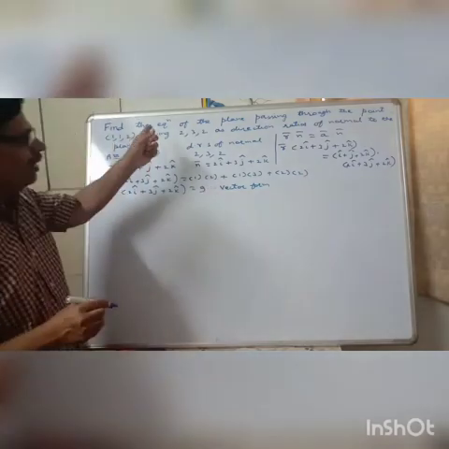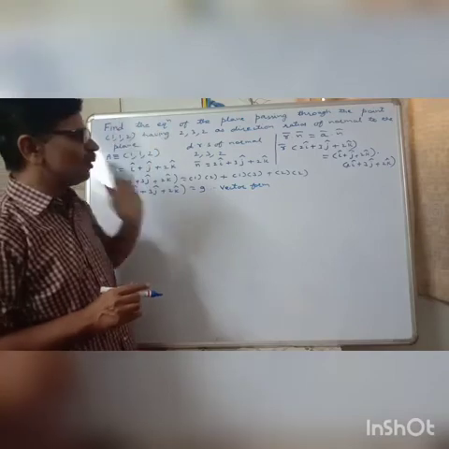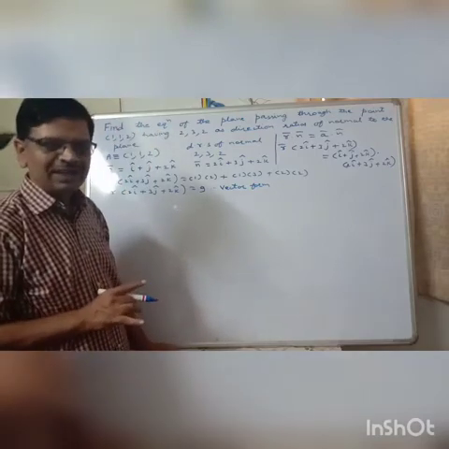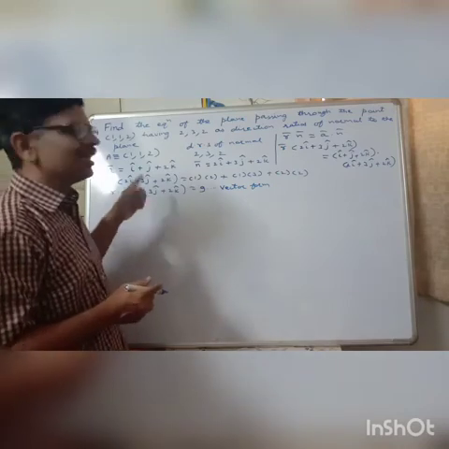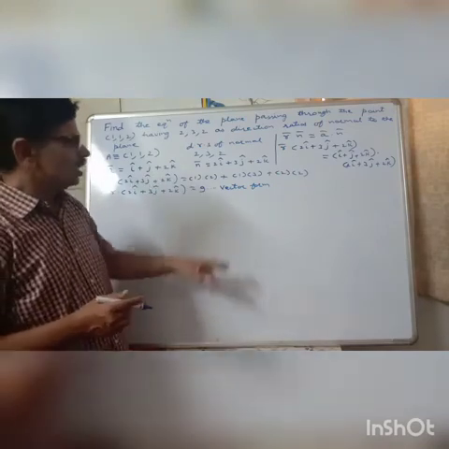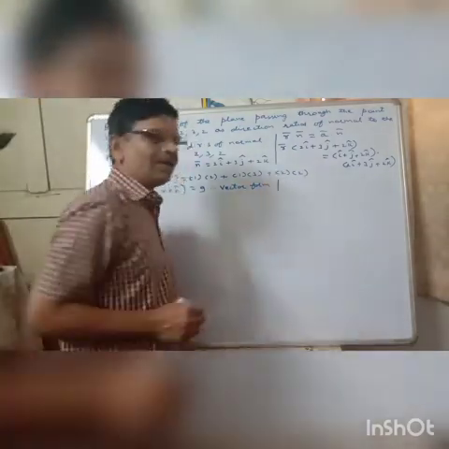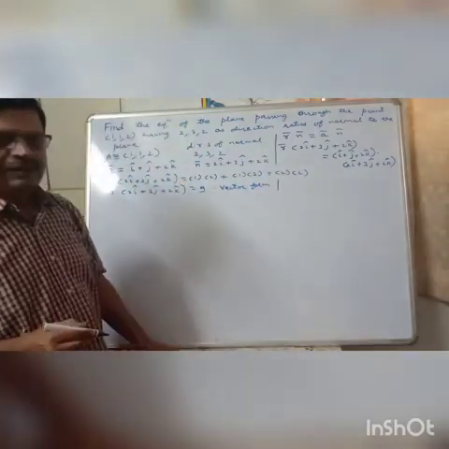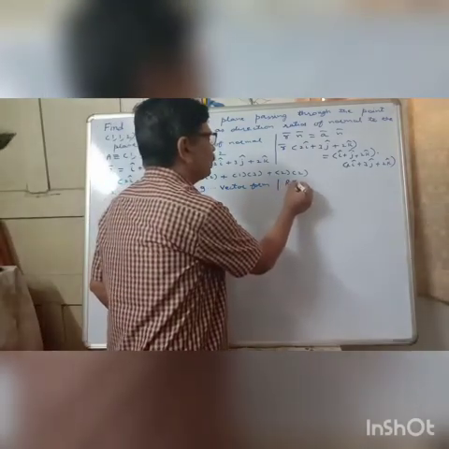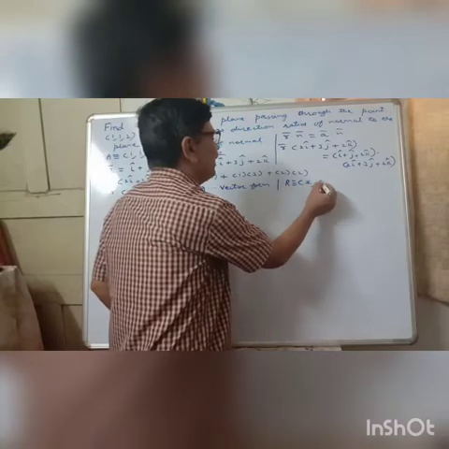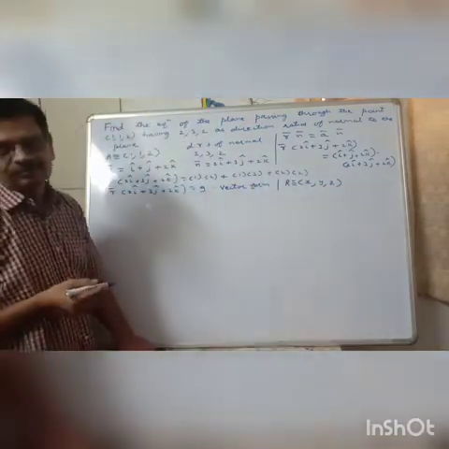In this example, nothing is mentioned. Only asked to find equation of plane. So here we shall write equation of plane in vector form as well as Cartesian form. To write equation of plane in Cartesian form, r bar, it is position vector of point R. Suppose R is point in space whose coordinates are x, y, z.